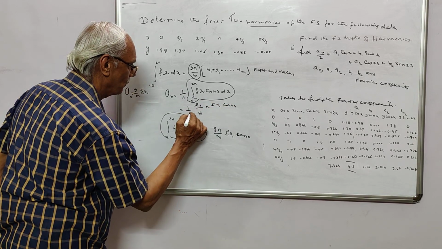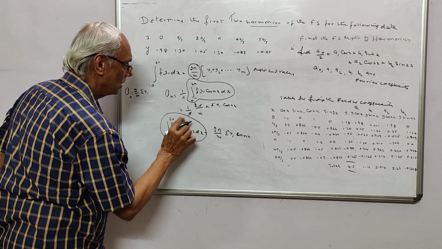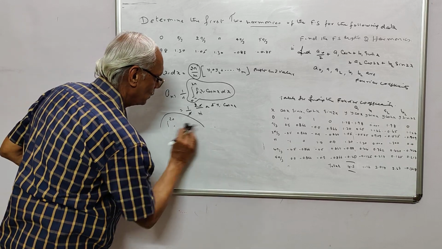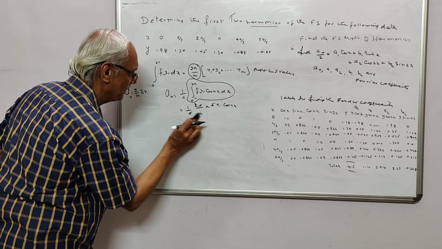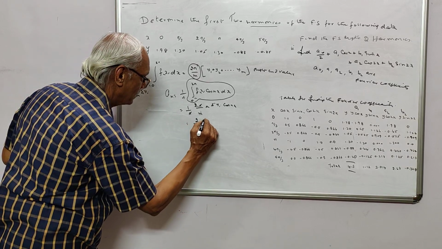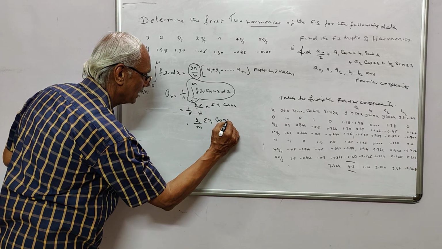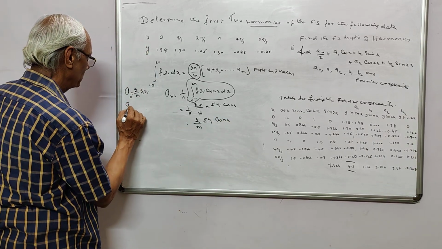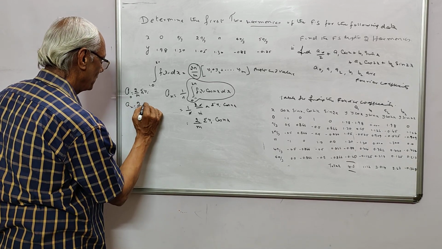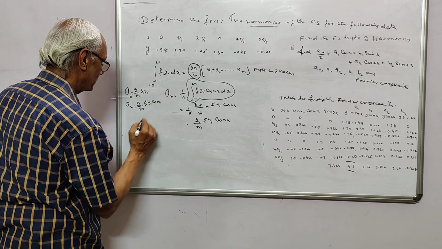So in this place, the integral will be replaced by 2 pi by m into sigma of yi cos nx. So pi and pi will go off, giving you 2 by m. So an is equal to 2 by m into sigma of yi cos nx.